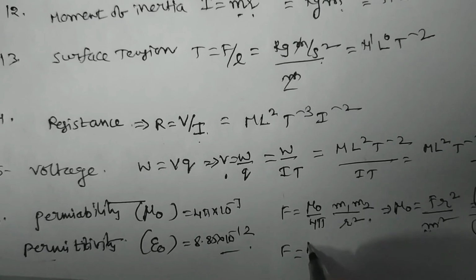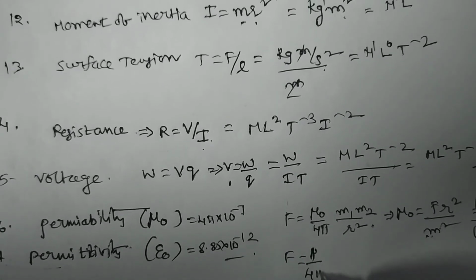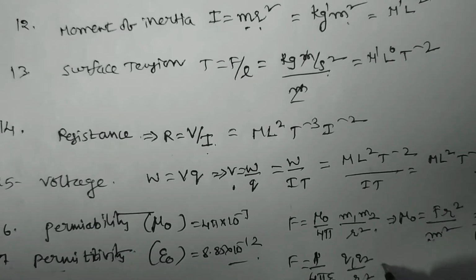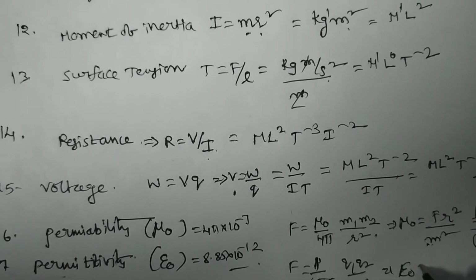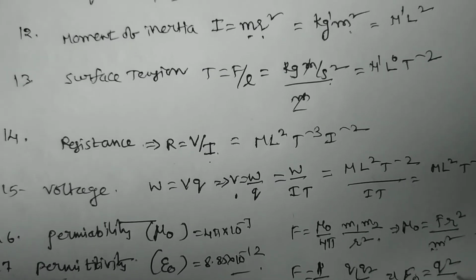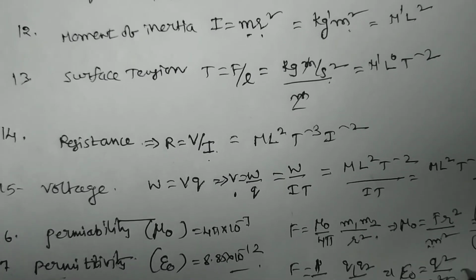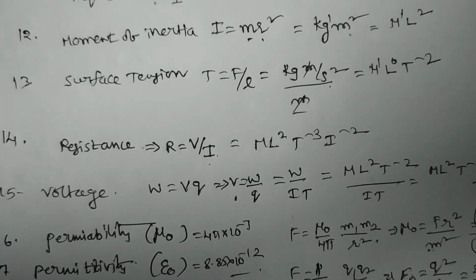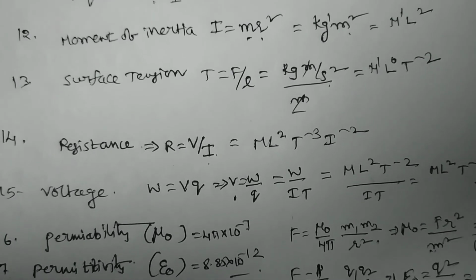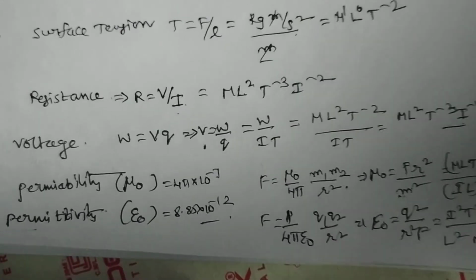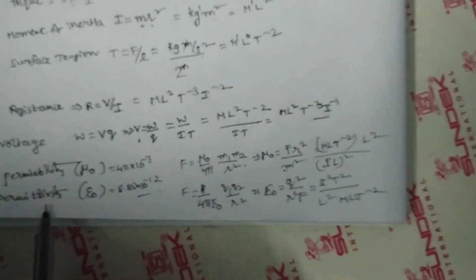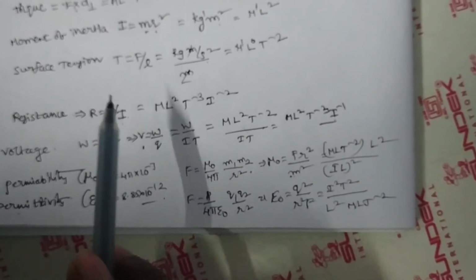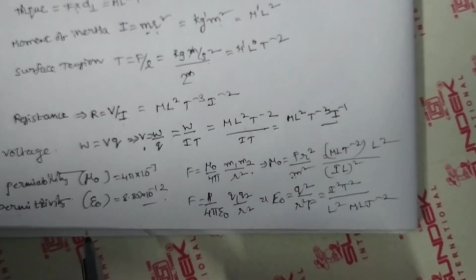Similarly, in electricity, F equals 1 by 4 pi epsilon naught, Q1 Q2 by R square. From that, epsilon naught equals Q square by F R square, where Q is nothing but IT, so I square T square by L square, and F is nothing but M L T minus 2. So if you know the formula, or otherwise if you know the unit, then you can write the dimensional formula.